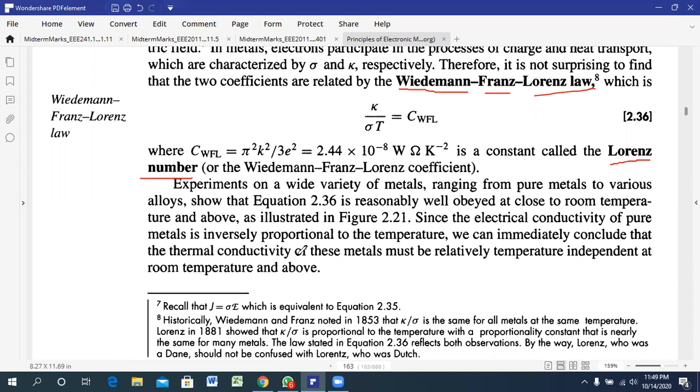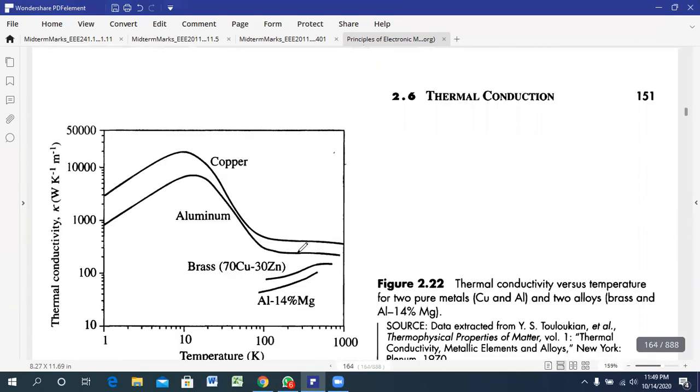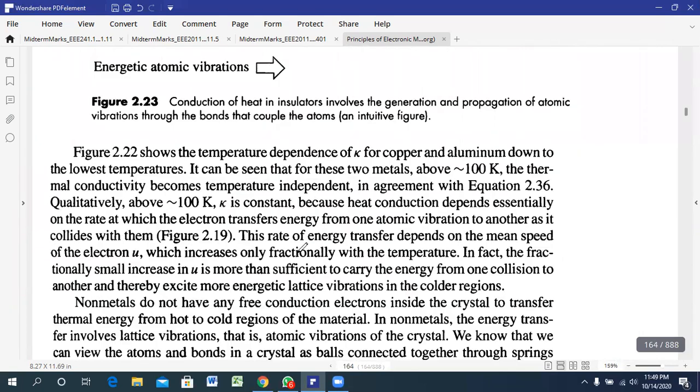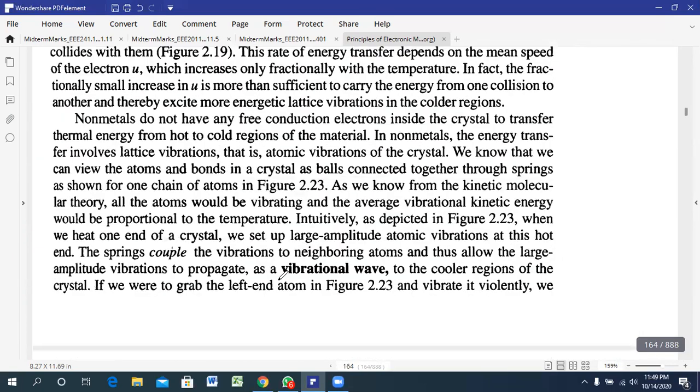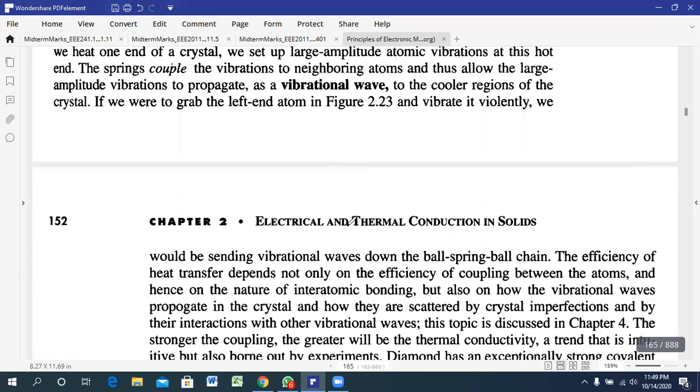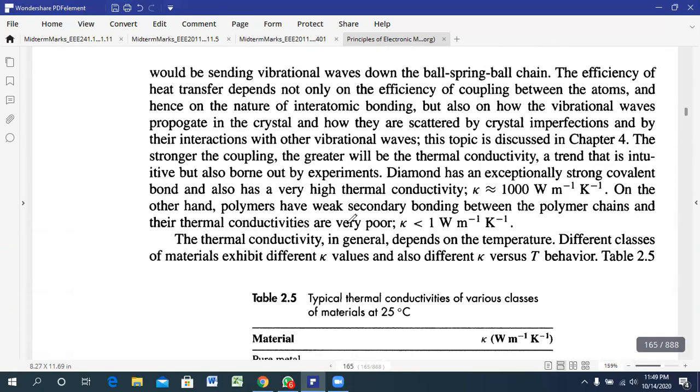Copper has free electrons, and those free electrons vibrate against the next electrons. This wave is known as a vibrational wave, and it depends on temperature. Now I would like to find the relationship between these two parameters.